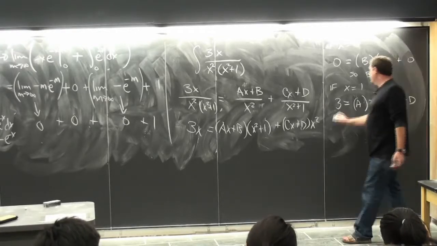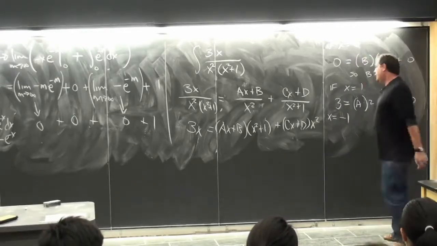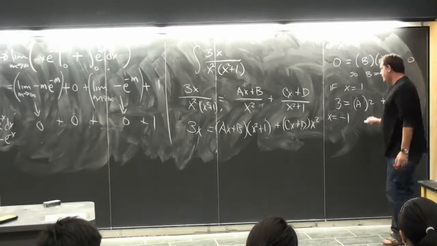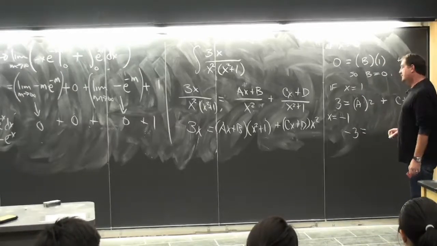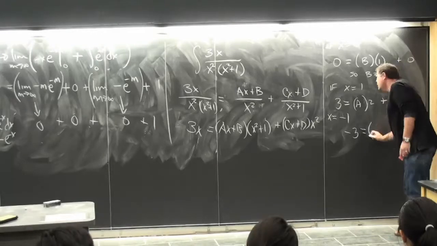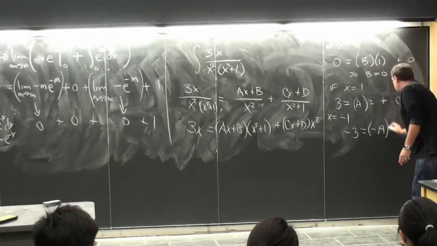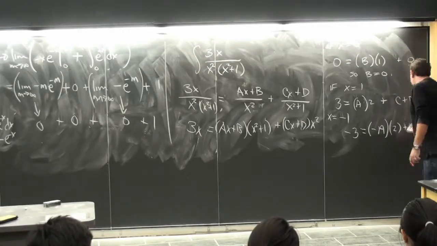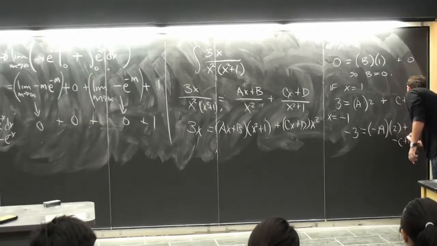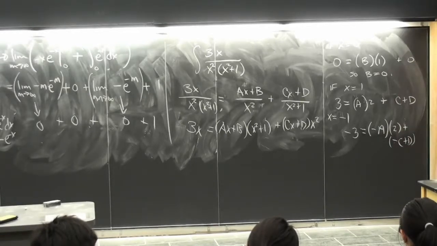If x is minus 1, then I get negative 3 equals negative a times 2, b is 0 so that's done, plus d minus c times 1. And so now I have another equation.